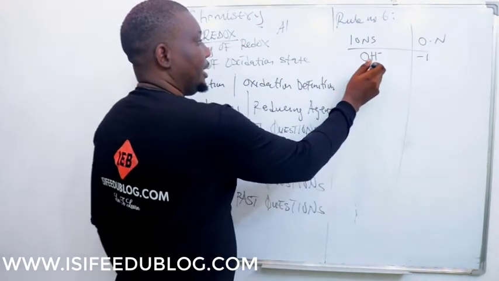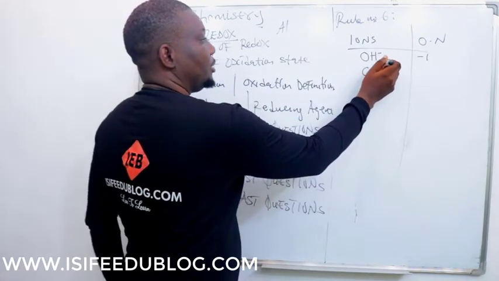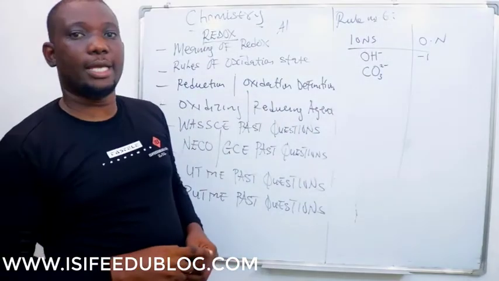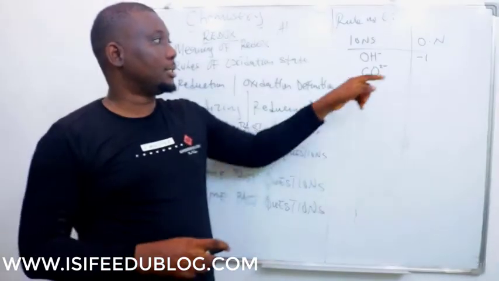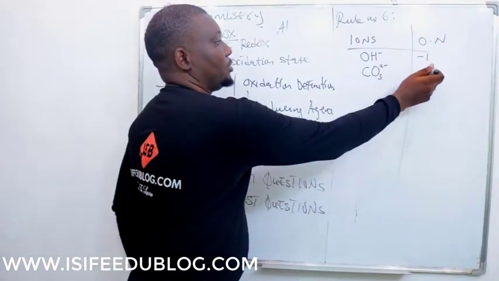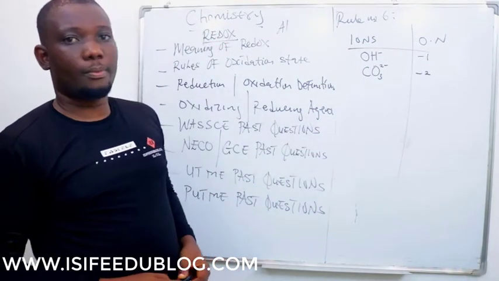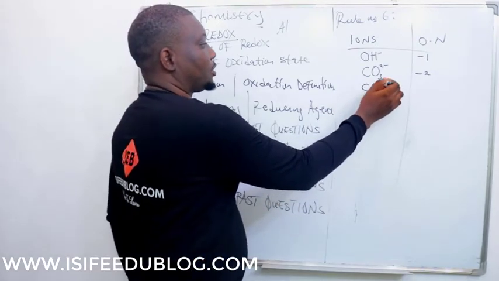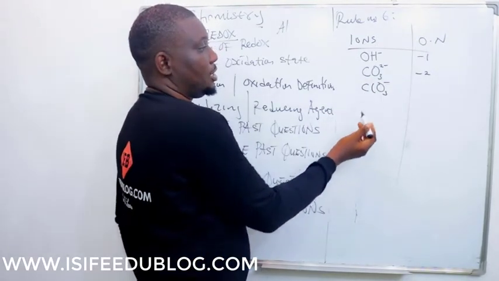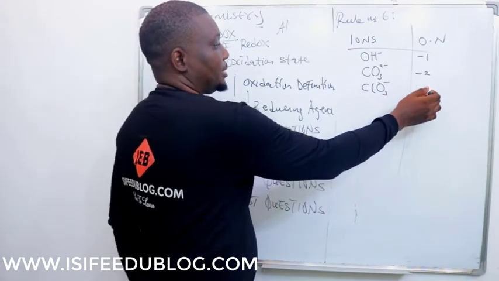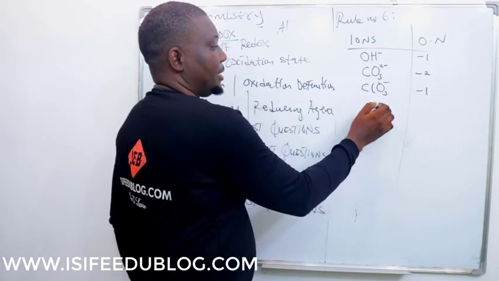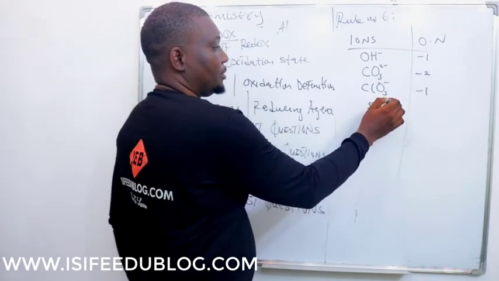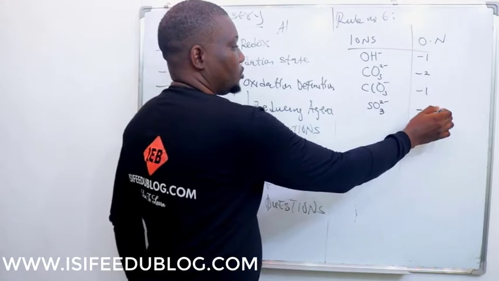And then for CO3 2 minus, the sum of the oxidation states is -2. For ClO3 minus, the sum of the oxidation states is -1. For SO3 2 minus, it is -2.